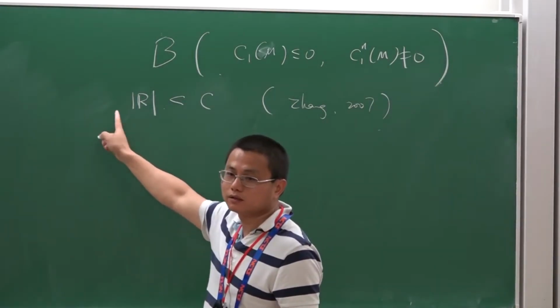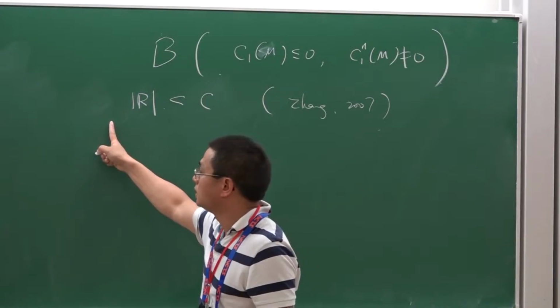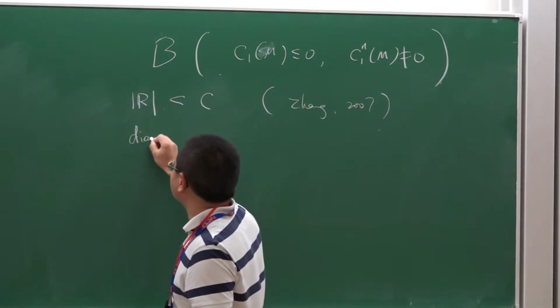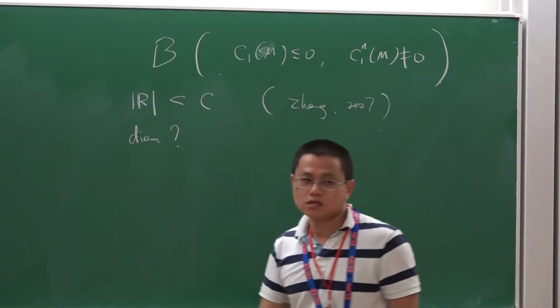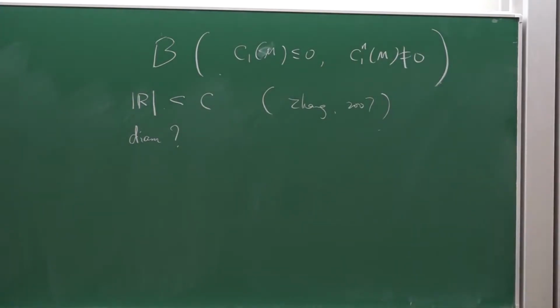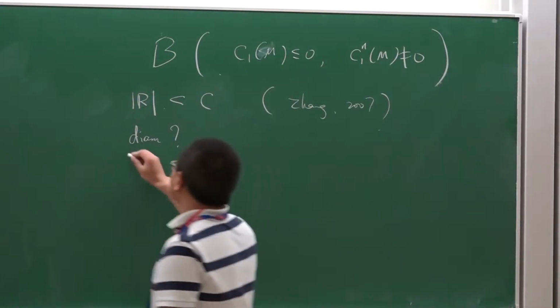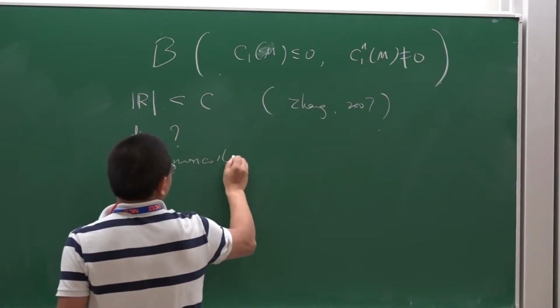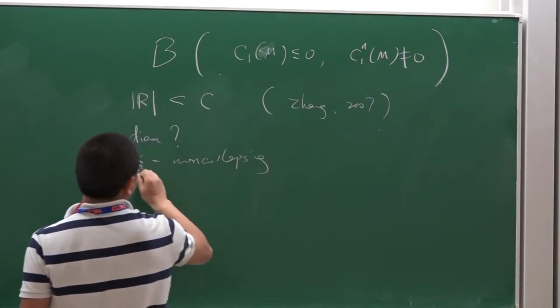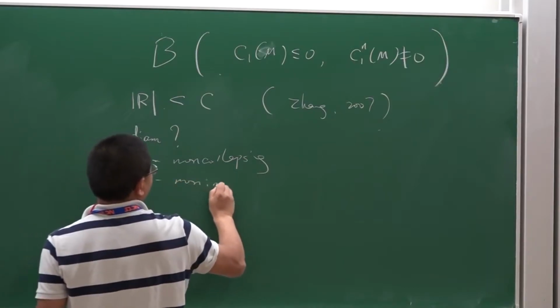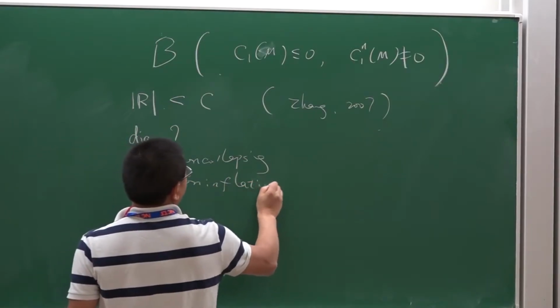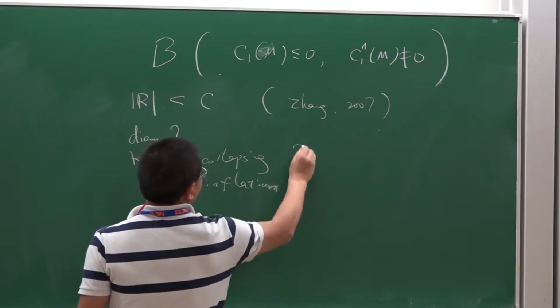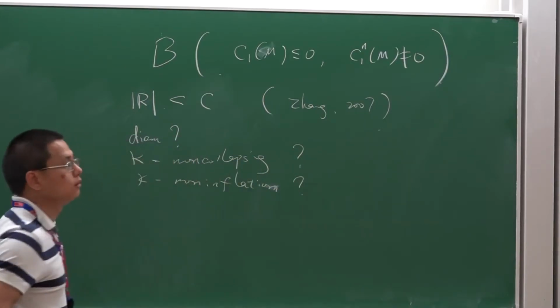Scalar curvature is bounded by the maximum principle. But how about the diameter? It's not clear. So then of course it's not clear whether we have this non-collapsing and the kappa non-inflation. So this is also unknown.